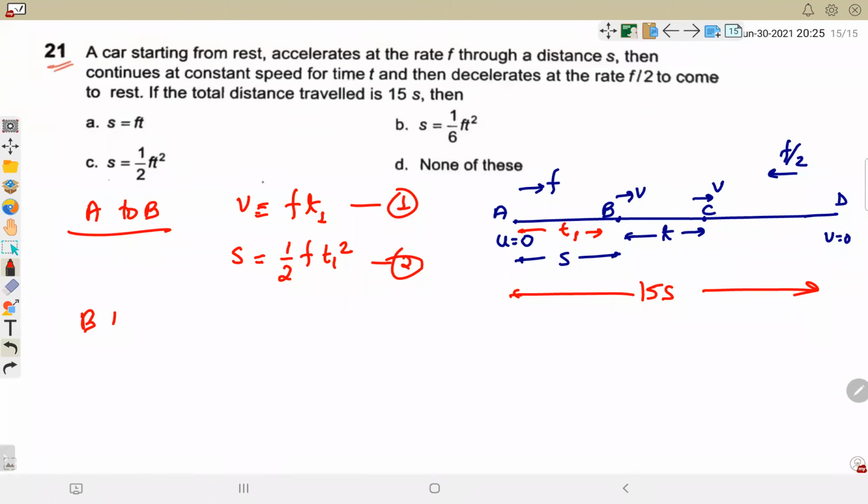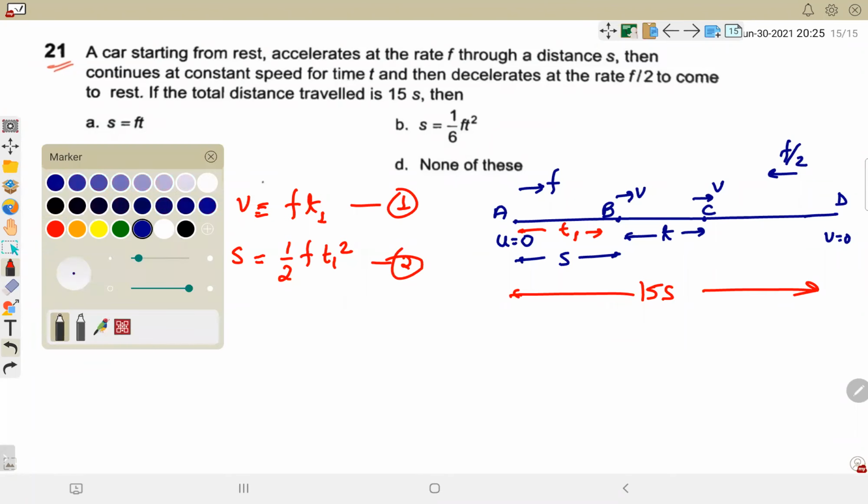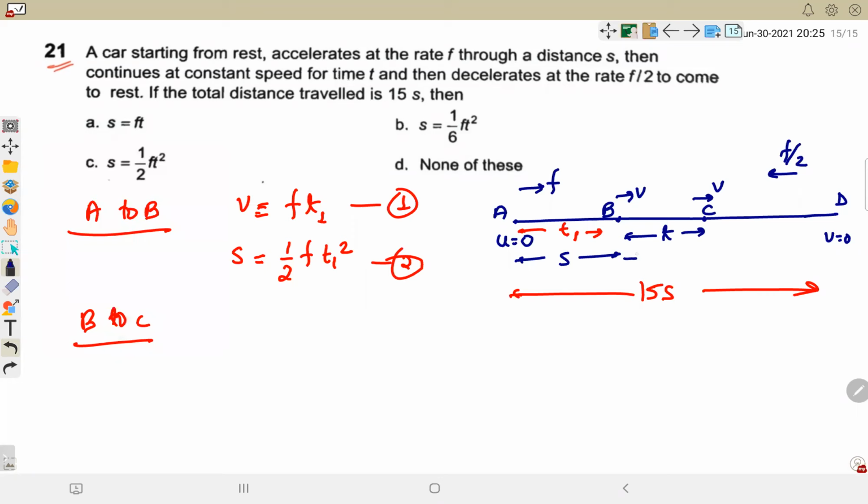जब हम B to C देखेंगे, B to C में suppose that distance covered is S2 and that is equal to velocity into time. Velocity is F T1 जो पहले equation से हम calculate कर चुके. This is S2.